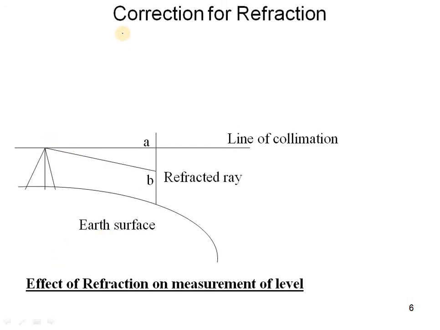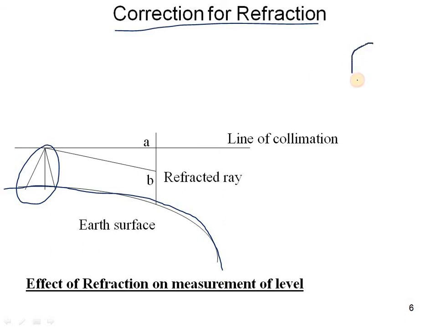Next one is correction for refraction. In this case, the instrument is there, and this is our flat earth curvature. Generally we think our earth is round.